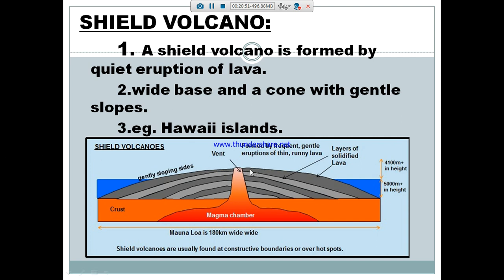While it is erupting, the lava flows like a river on both sides. It won't erupt very fast at high temperature. It flows down the gentle sloped sides. It erupts large flows of running lava, and it's the simplest type of volcano. That is a shield volcano.